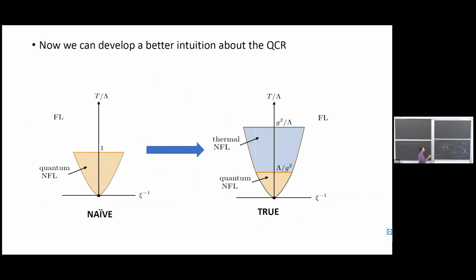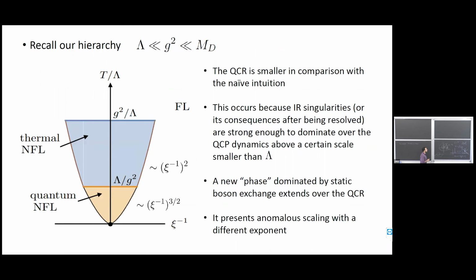So this is our true quantum critical region, and let me describe it. First of all, we realize that the proper quantum critical region, which is the orange one, is smaller than expected because it goes up to a scale which is not lambda, but lambda over g squared, which is lower than lambda.